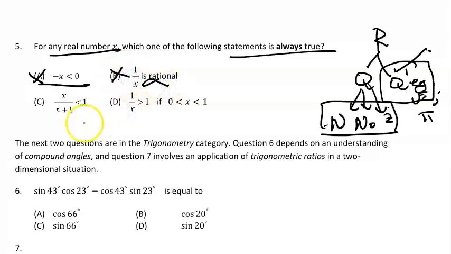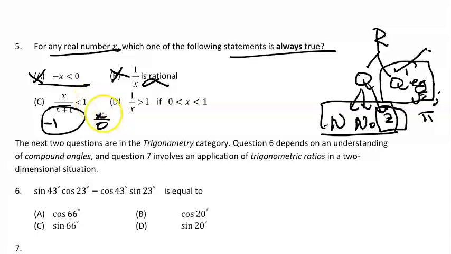So that's also out. x over x plus 1 is less than 1. Now, remember that integers can also be 0. So it's 0 and positive and negative whole numbers. Let's now look at a negative number. What if you put in minus 1? What's going to happen here? You're going to have x over 0, which is undefined.